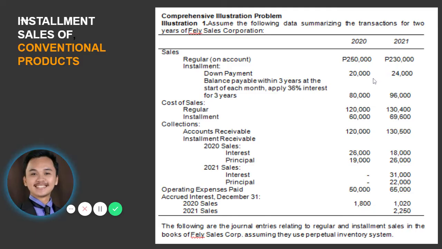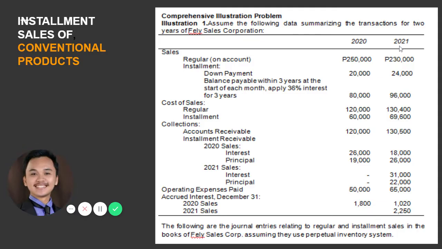So therefore, you need to properly account all your installment sales from 2020 and your new installment sales for 2021, because in computing for your realized gross profit, you will be using the original gross profit rate in computing for your realized gross profit.